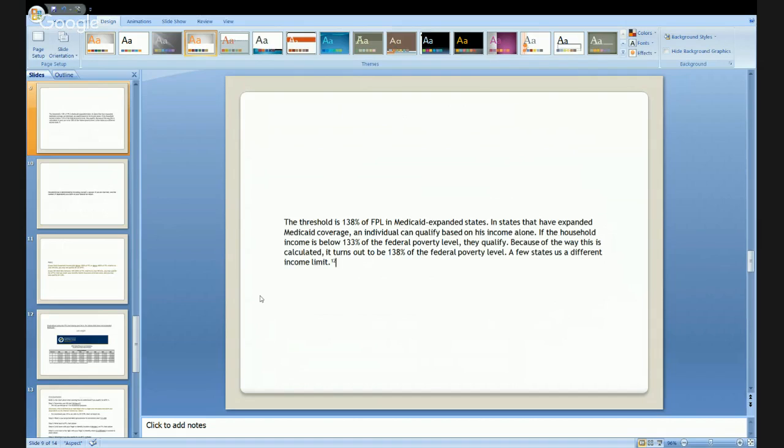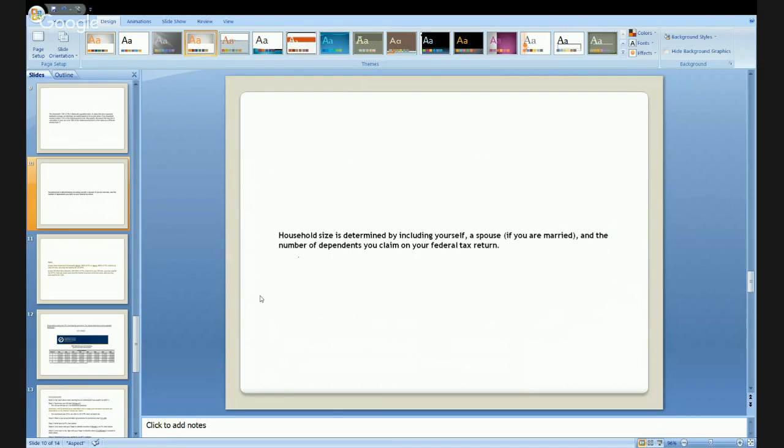A few states use a different income limit. Household size is determined by including yourself, a spouse if you are married, and the number of dependents you claim on your federal tax return.